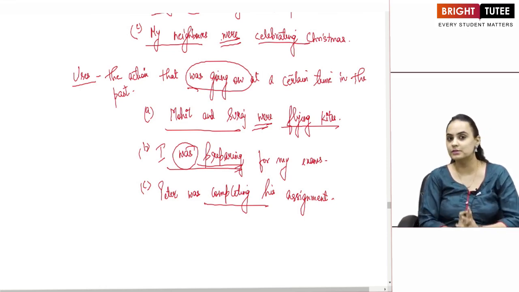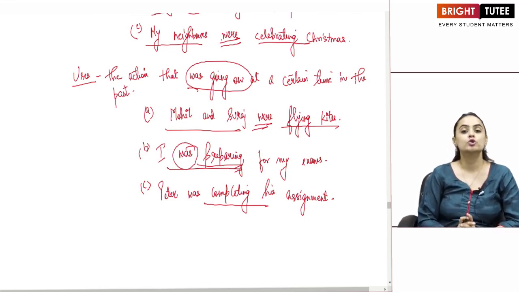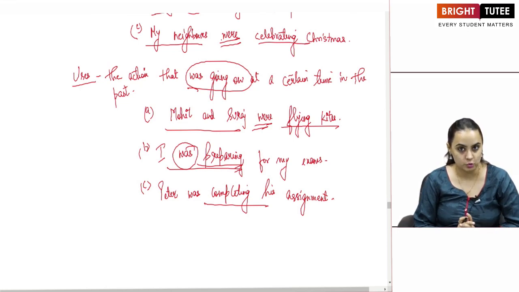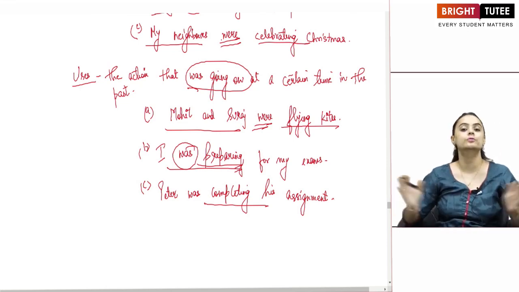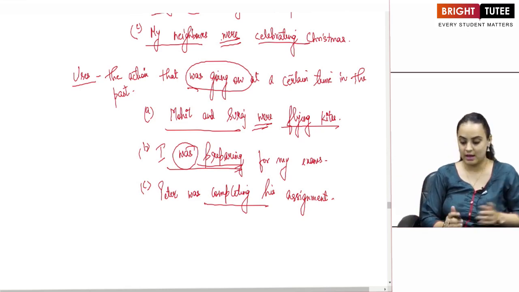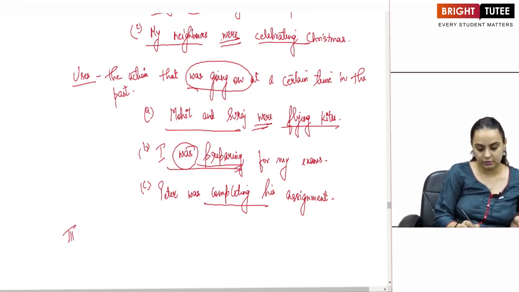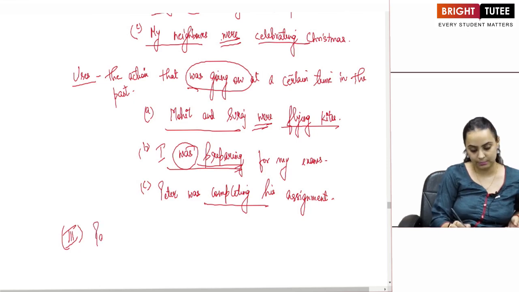So where do we use the past continuous tense? To talk about some action that took place in the past but it continued for a very long time. The last subcategory of the past tense is past perfect.